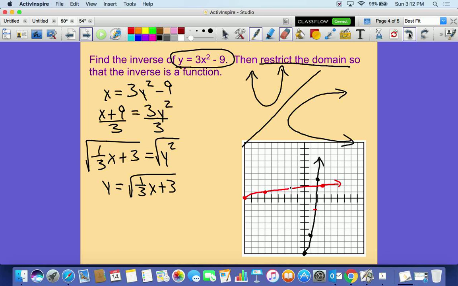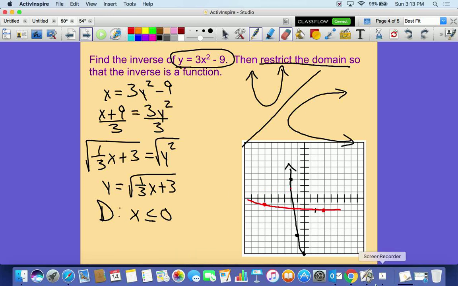Let me get back to that. So we've got this graph. If I were to say that the domain is x is less than or equal to 0, that would have gotten rid of this part of the black line, and that would have gotten rid of this part of the red line.